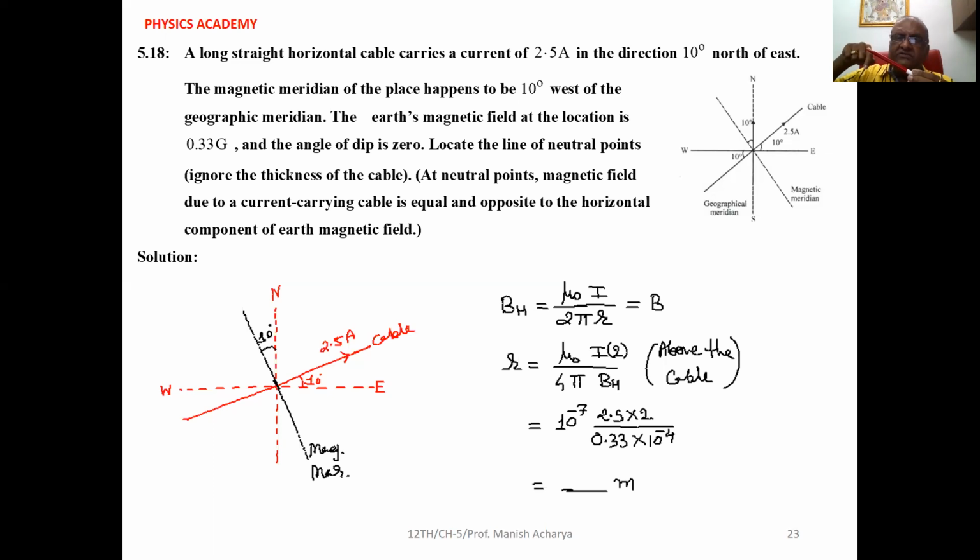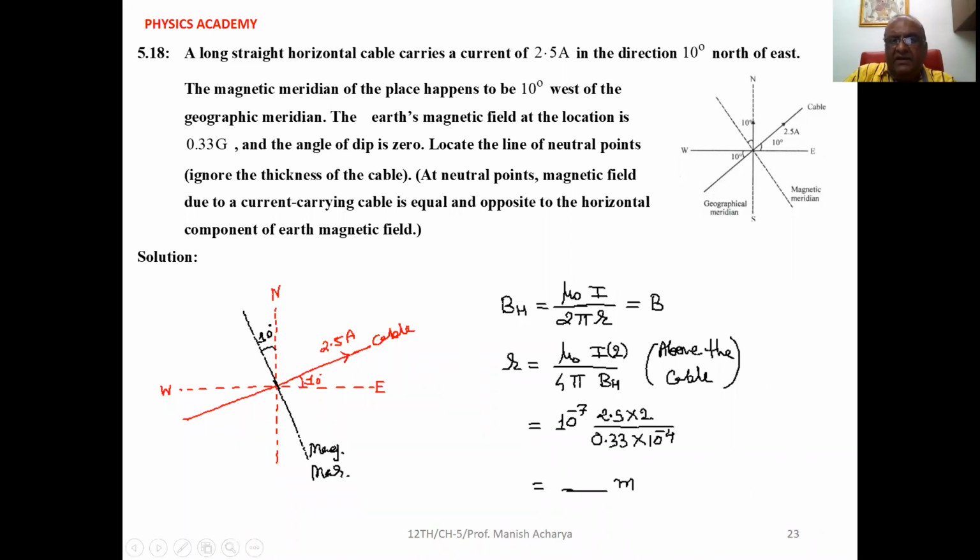Now see, Earth's horizontal field that is in the opposite direction. Here, this one is geographic south. So here, magnetic north. From this side, the field lines comes out and it move towards this side. So its magnetic field that is in this direction, cable's magnetic field that is in opposite direction. Therefore, the null point that will be obtained in this upper side.